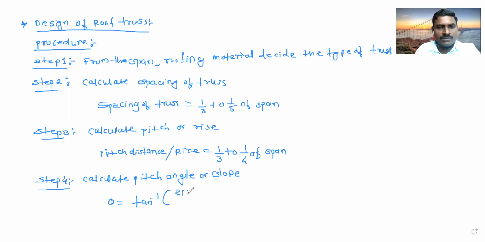Tan inverse of rise divided by span by 2, correct? Yes, sir. This formula also we have seen. Okay, so this is step number 4. Shall I go next? Please.